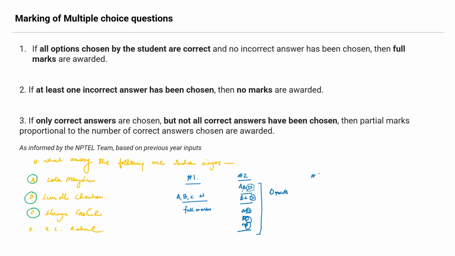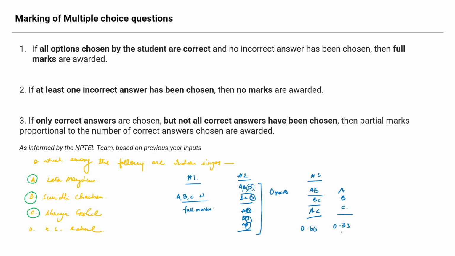Let's take scenario 3. If only correct answers are chosen, but not all correct answers have been chosen, then partial marks proportional to the number of correct answers chosen are awarded. Which basically means that if you select A, B and submit, B, C and submit, A, C and submit, or if you select A only, B only, C only, you might get 0.66, 0.33.